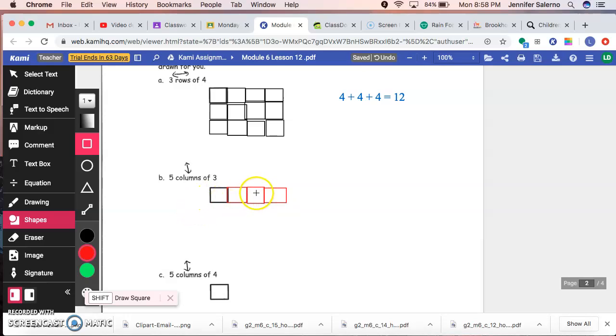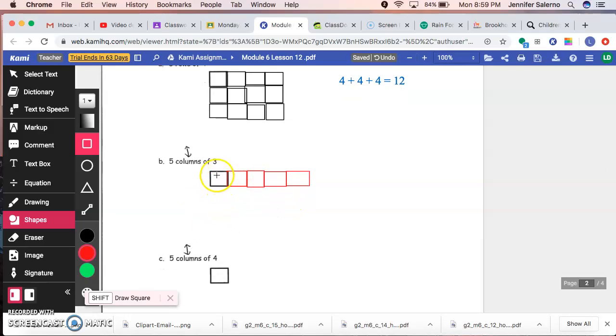So 1, 2, 3, 4, 5 columns. So I have my 5 columns, and now I have to put 3 in each. Okay? So I want you to finish this for me, and then put your repeated addition equation on this side.